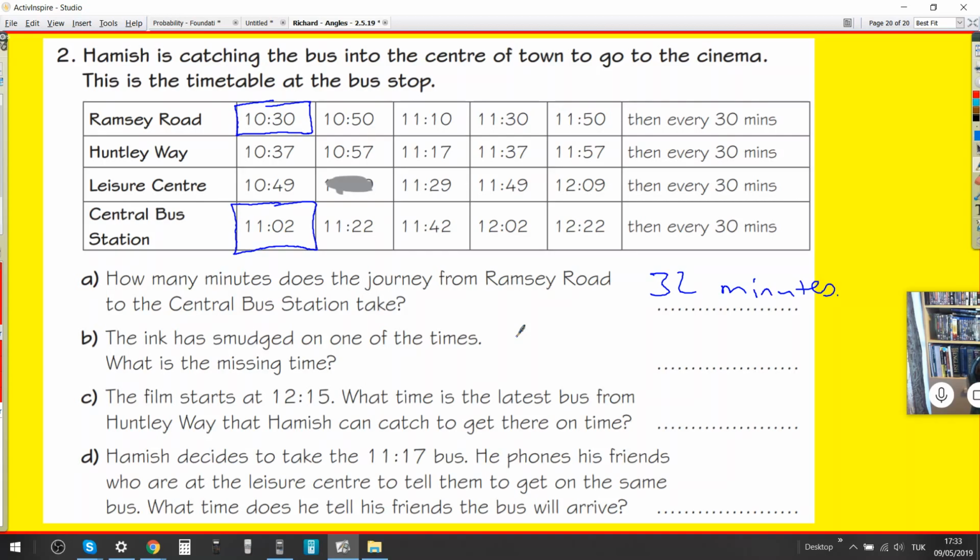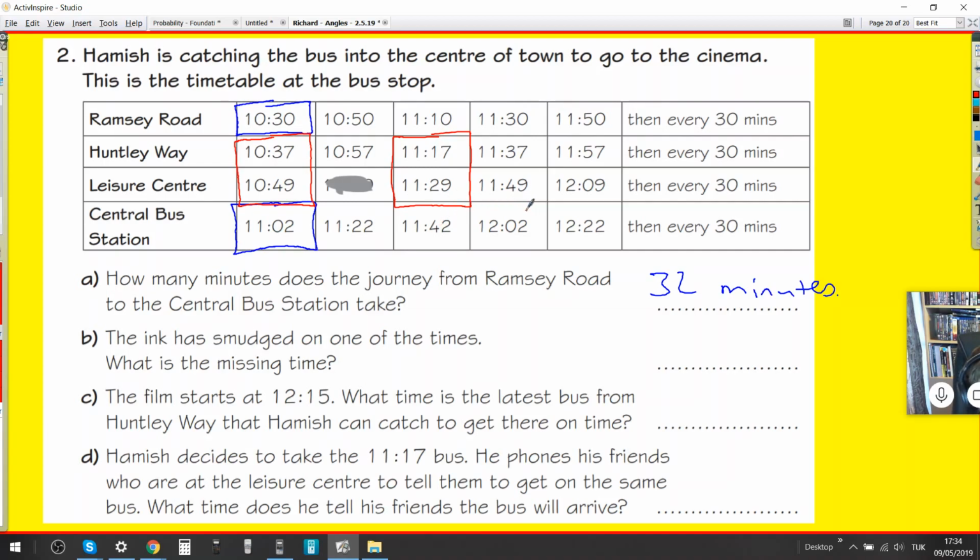Well, it's 10:49, 11:29, 11:49, and then 12:09. And then it says then every 30 minutes. Whichever you find easier. Let's say the one above it. So 10:49 and 10:37.